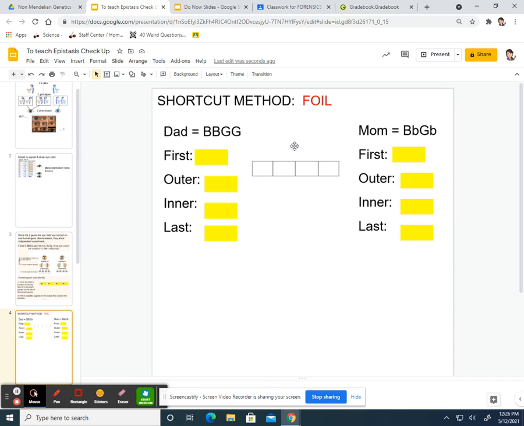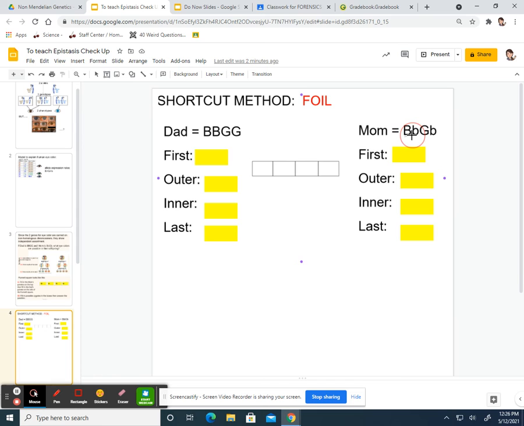So given that, we're going to start with mom again because she's a little more complicated. Given that we said mom is big B, little b, big G, little b, we're going to use this FOIL method to figure out her 4 possible gametes. Okay, so FOIL stands for first. So we're going to pick the letters that are first in our genotype here.